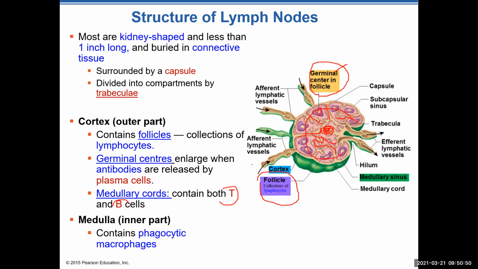They have more afferent vessels than efferent vessels, so that the lymph which travels into the lymph nodes can stop there for some time and be easily purified, cleaned, or filtered.